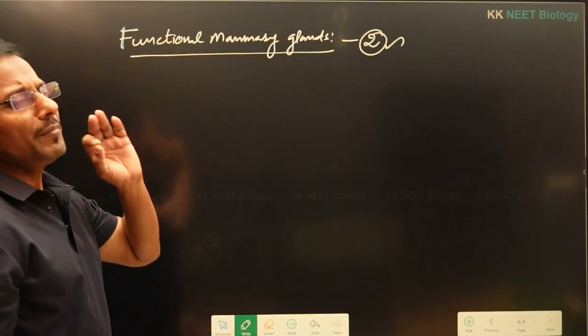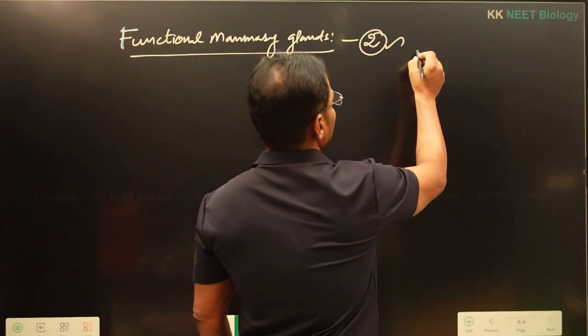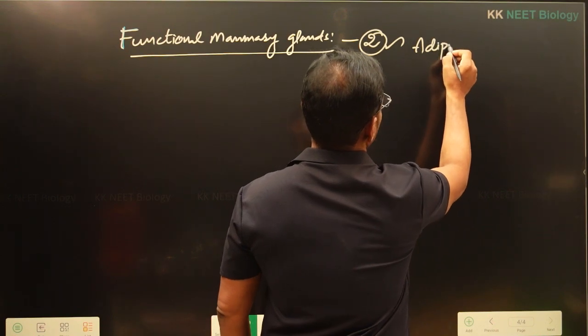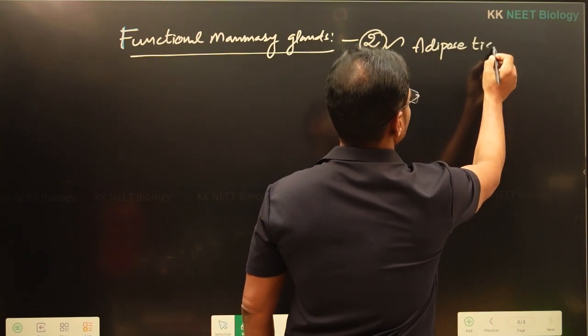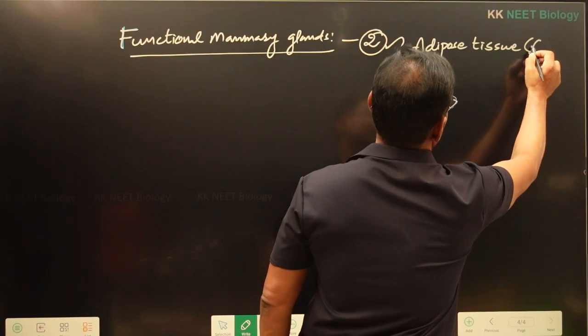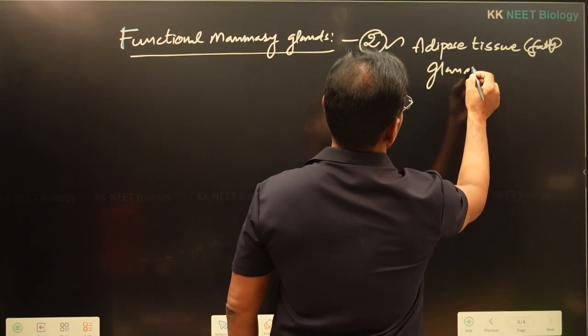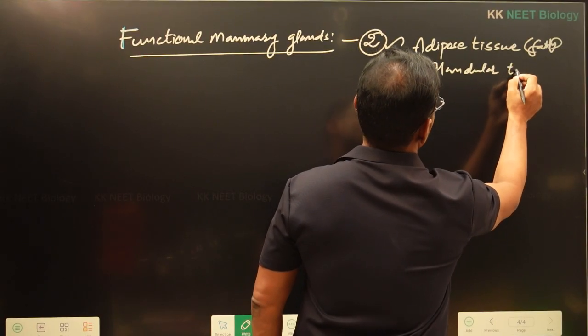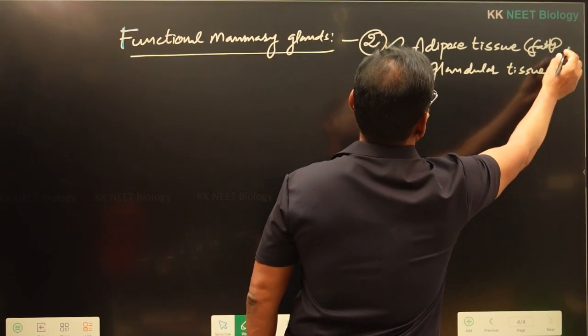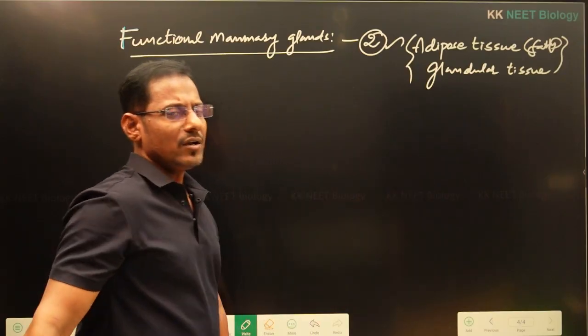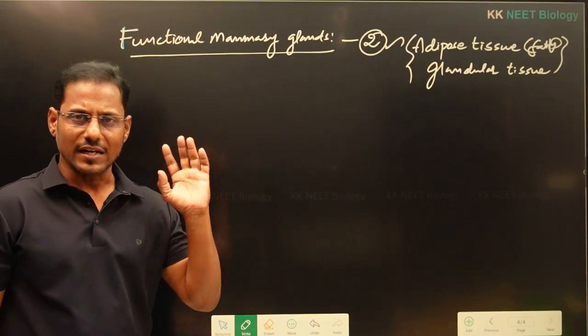Every mammary gland is made up of adipose tissue, which means fatty tissue, as well as glandular tissue. There are two kinds of tissues present in the mammary gland: one is the adipose tissue and the second one is the glandular tissue.